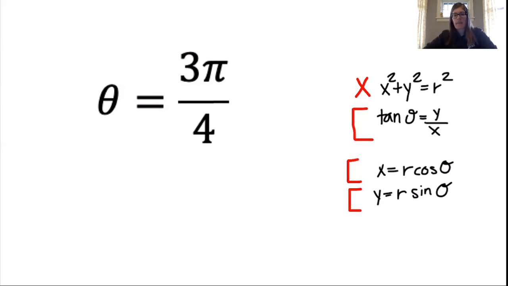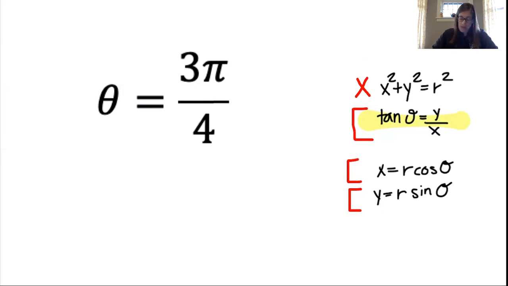If I examine those 3 equations, I'm leaning towards tangent theta equals y over x, only because this equation only has theta, and so does tangent theta equals y over x. It doesn't have an r in it. Whereas if I wanted to use x and y, I'd also have to introduce an r somehow, which probably isn't my best idea. So I want to manipulate this equation, theta equals 3 pi over 4, to look like tangent theta equals y over x.